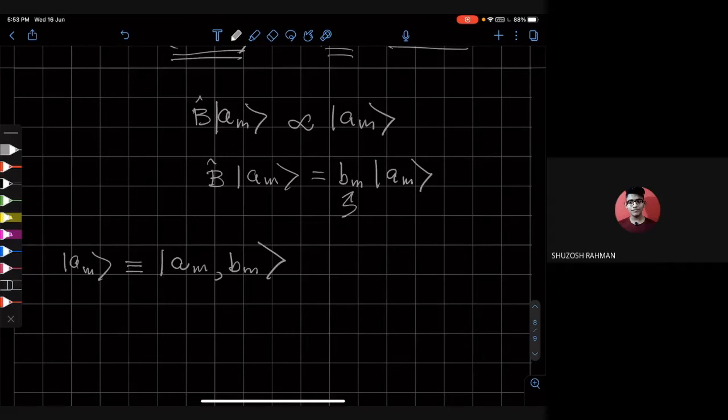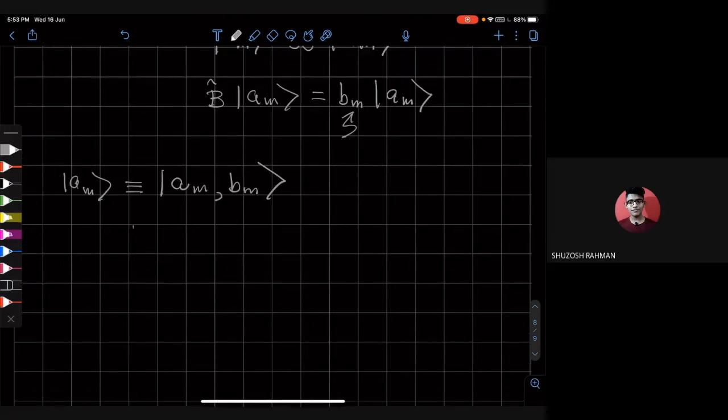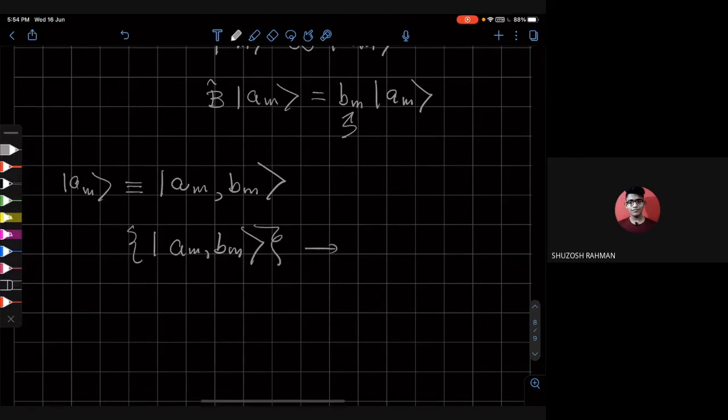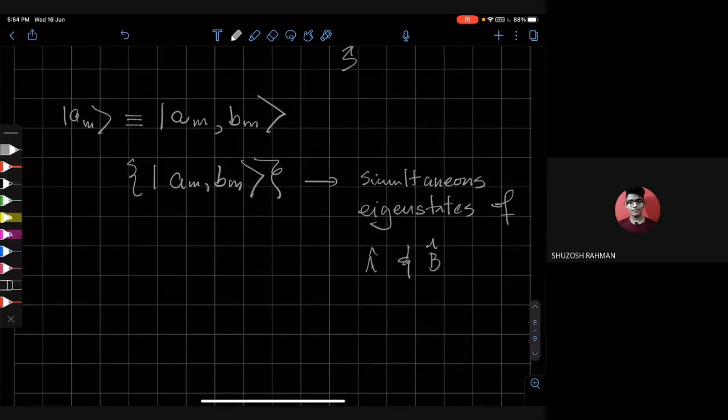So these states, sorry, I just write psi without thinking when I'm teaching quantum mechanics. So these states, AM, BM, they form simultaneous eigenstates of the A and B operators, okay?